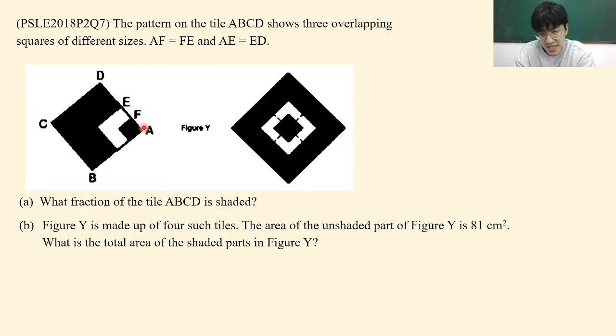Well, in this case, if you treat the big square ABCD as having one unit, then you have to deal with fractions. For example, what is the fraction of this middle square over here in terms of this big square ABCD? Well, we see that this is actually a quarter of it.